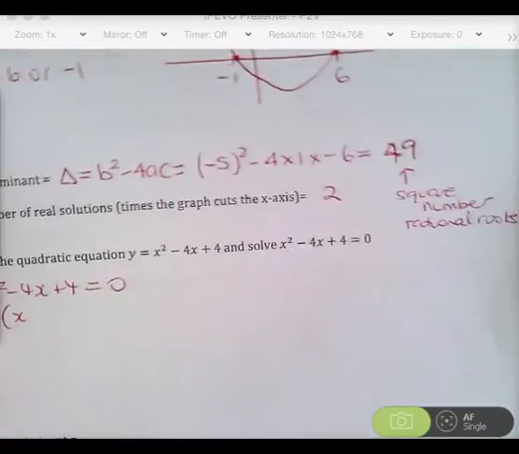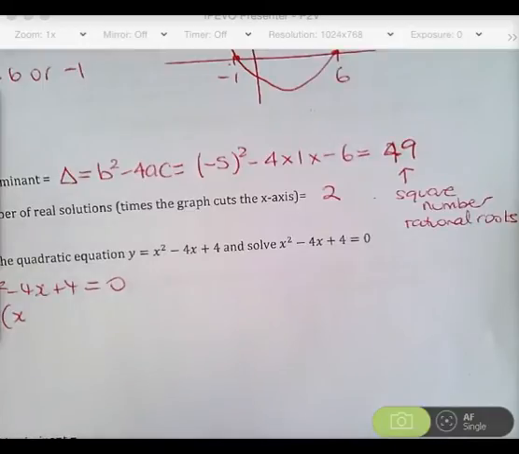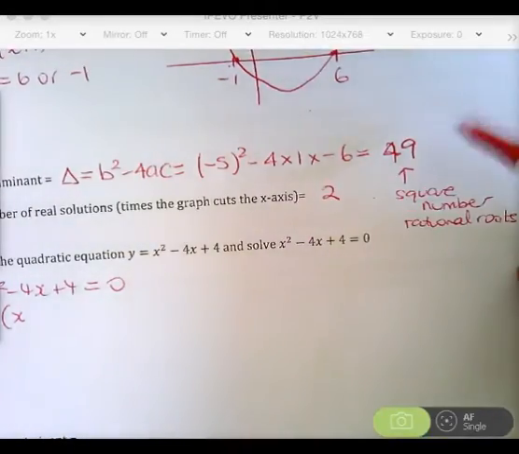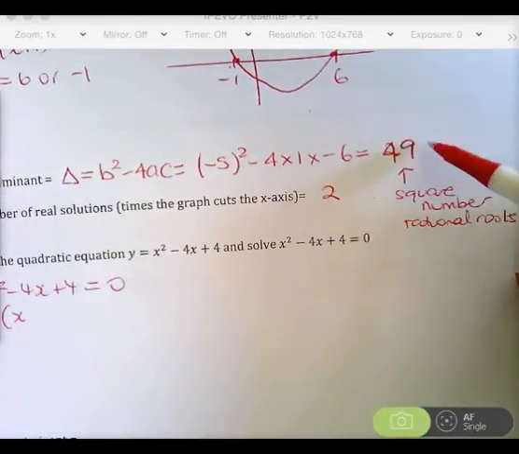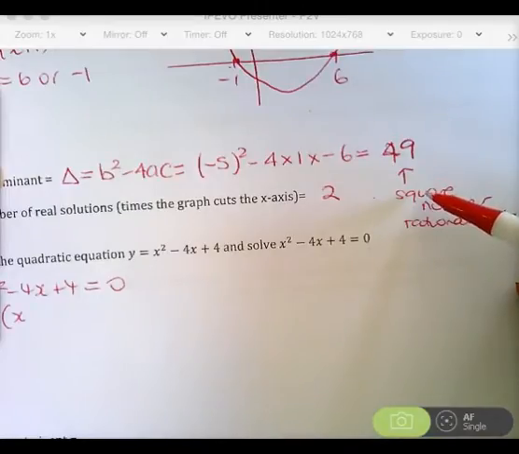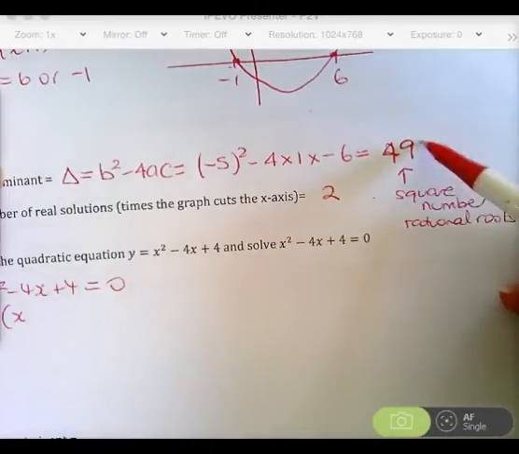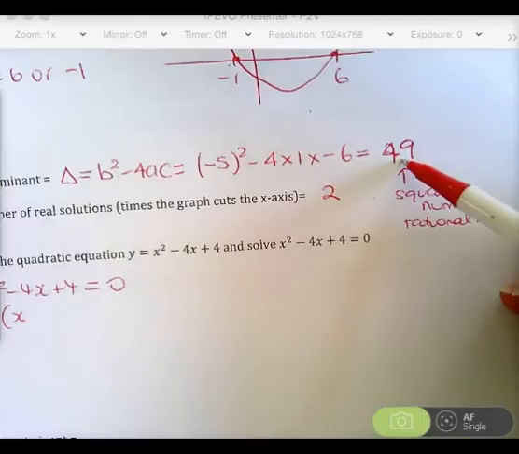It's because when you've got negative b plus or minus the square root of b squared minus 4ac over 2a, the square root of the discriminant 49 is 7.